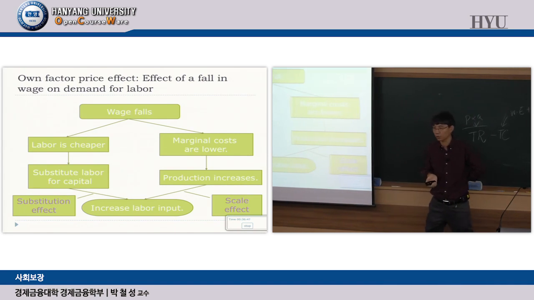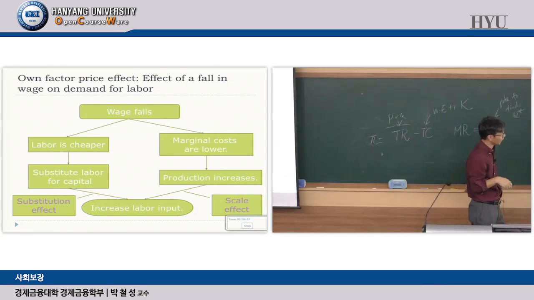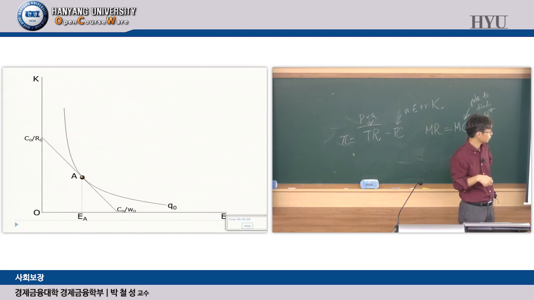As we have done for the work-leisure choice model, we can actually use a diagram to show these two effects. So what happens here is, let's say this is before anything changes.